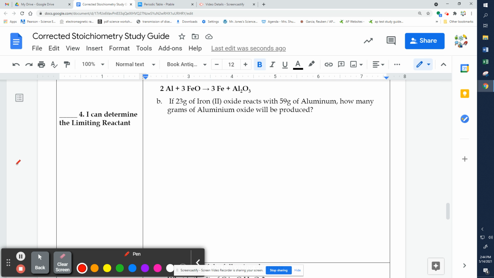Now we're going to do our second limiting reactant question. So again, we're doing the exact same thing. We are going to start with 23 grams of iron oxide. Which one's iron oxide? It's going to be this FeO. And we put that over 1. So in our next step, we need our mass of FeO. I know O is 16.